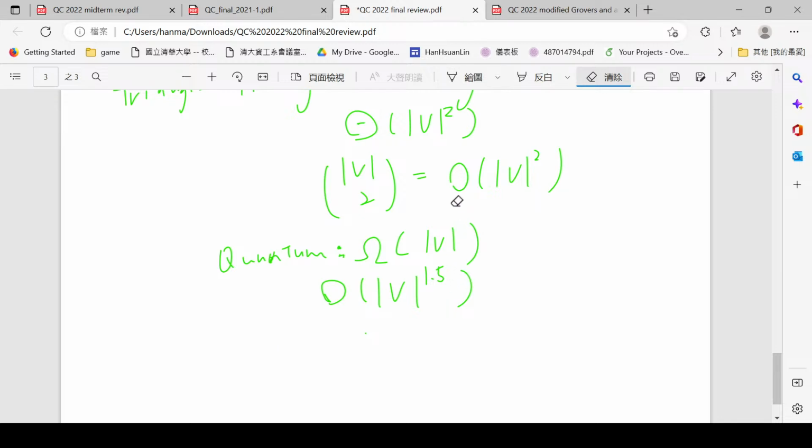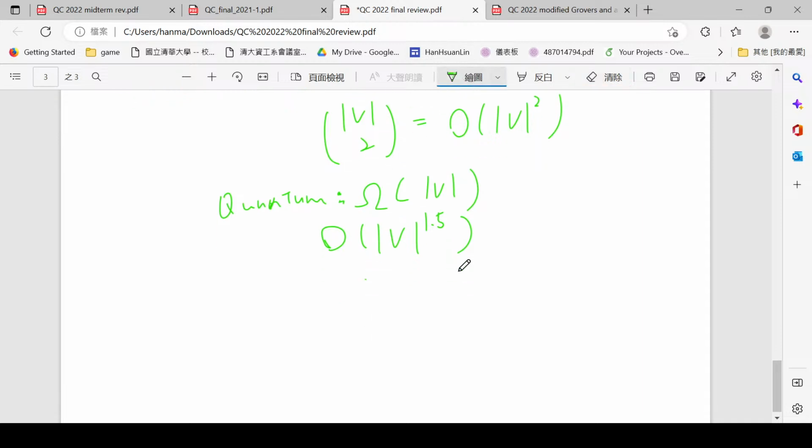Does anyone have a really quick solution? Anyway, the hint here is that 1.5 is 3 divided by 2. This is actually a very brute force algorithm: you just search through all triangles.